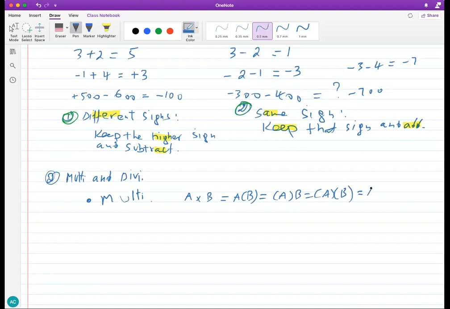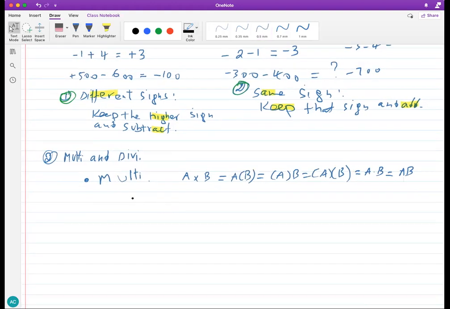It's even possible to just put a dot in between. That also means a multiplication. And finally, you don't have to put anything at all when you have variables, letters. AB means A times B. So all of these pretty much mean the same thing. They mean multiplication.